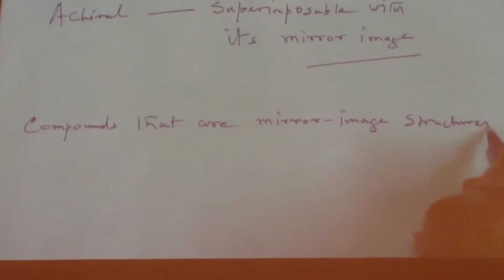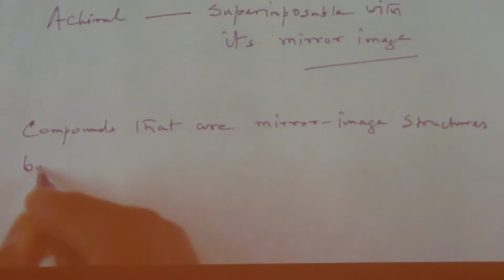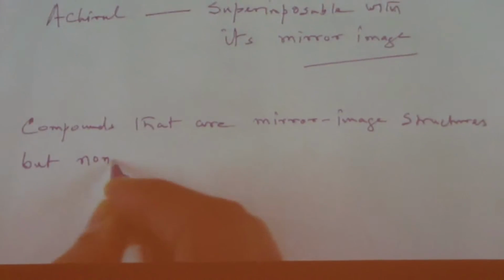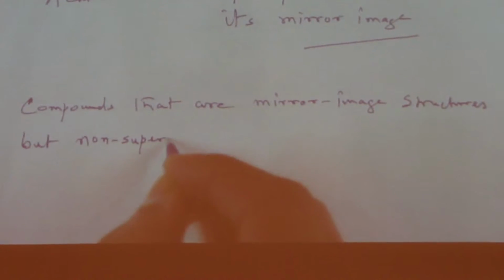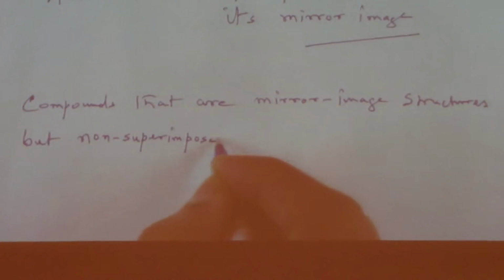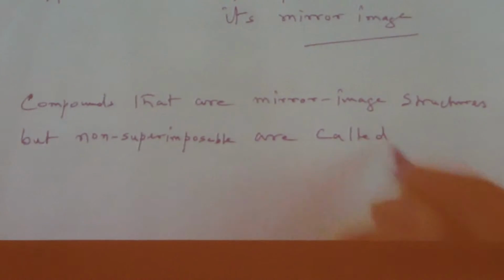So when they are chiral compounds that are mirror image structures but non-superimposable, they are called enantiomers.